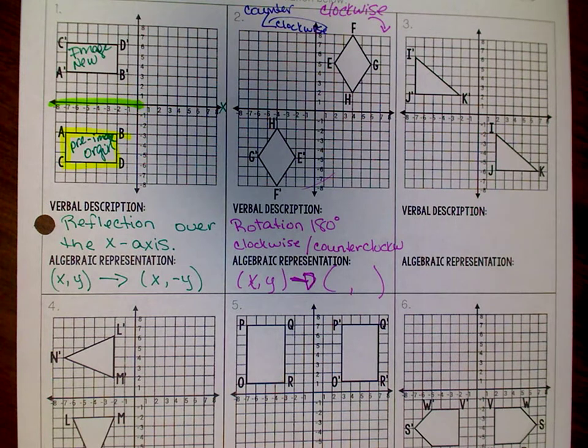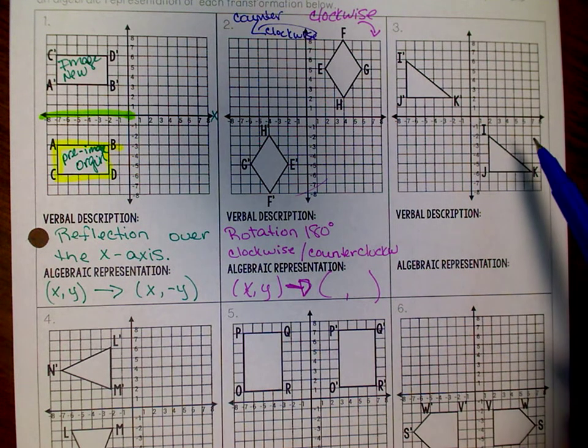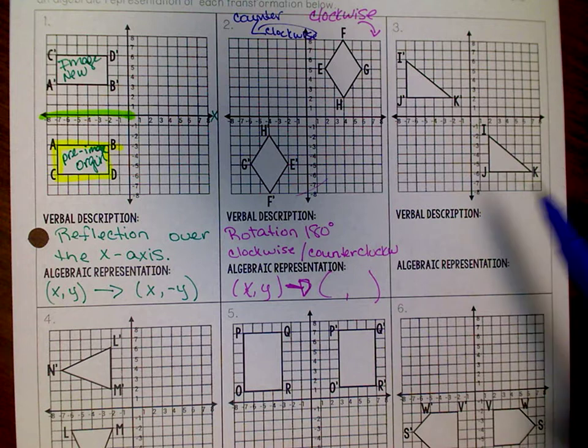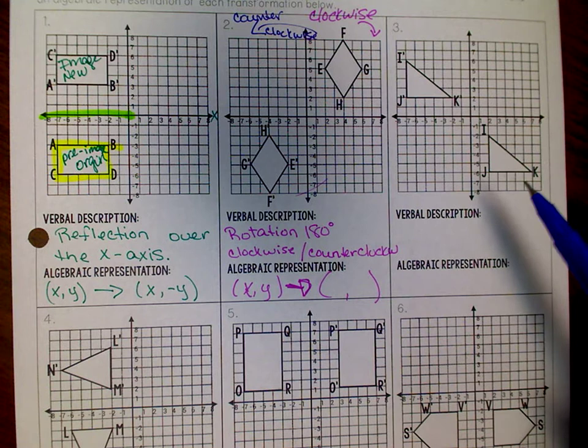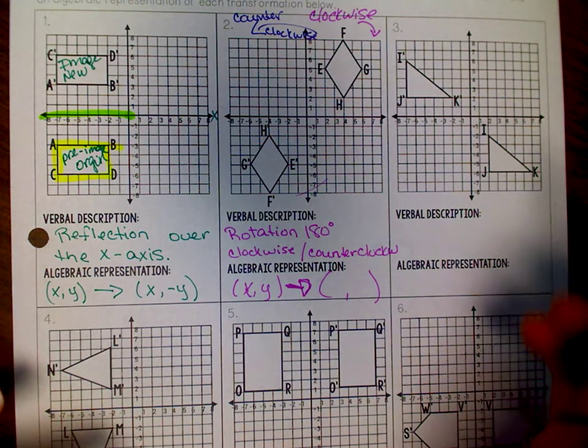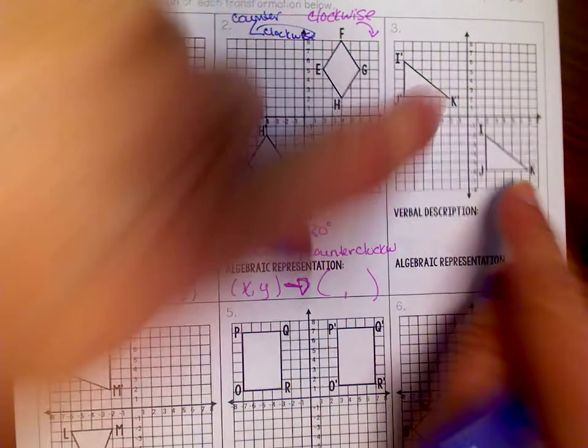Number 3. If we look at this figure, I want you to highlight your original figure. And then we're going to say, what happened to that figure? Out of all of our transformations, this one we usually call a slide because our letters are in the exact order.